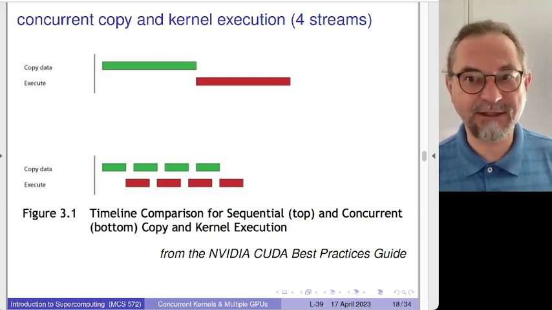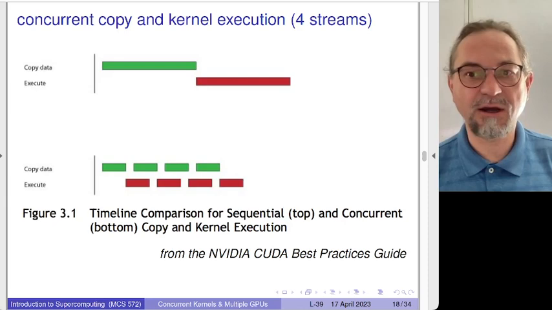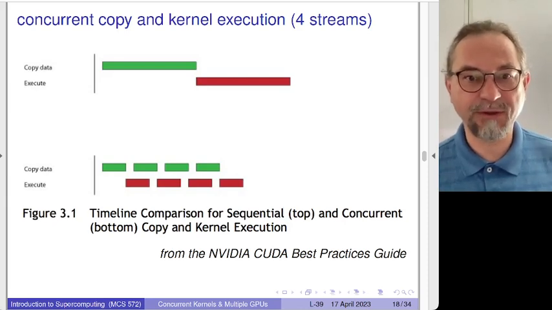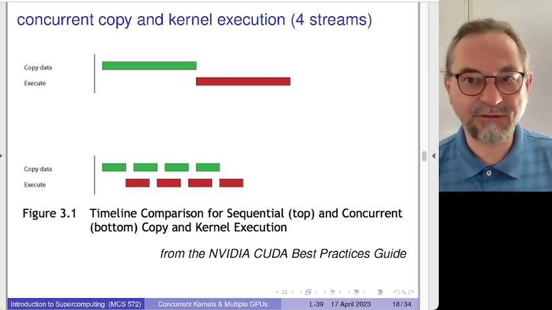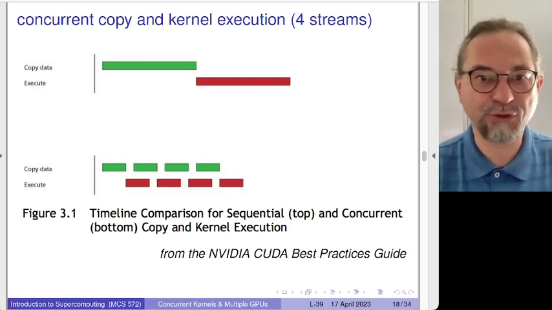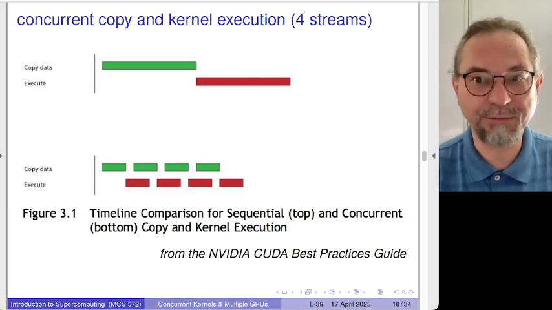If that is the case, then there is no benefit of doing this. But if you can chunk it up, if you are summing data or processing data in chunks, then there will be a benefit.